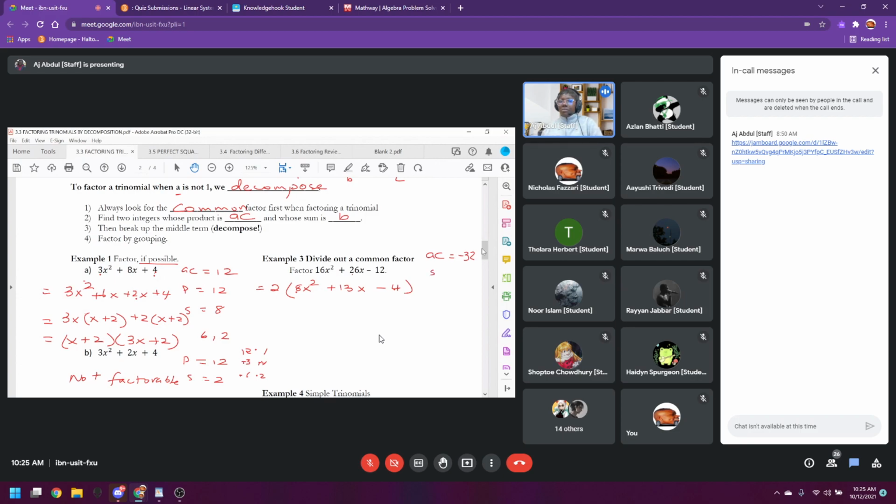So my B is +13. What two numbers do I multiply together to get negative 32, and when I add them, it gives me positive 13? This is a 13, by the way. My pen is bleeding.